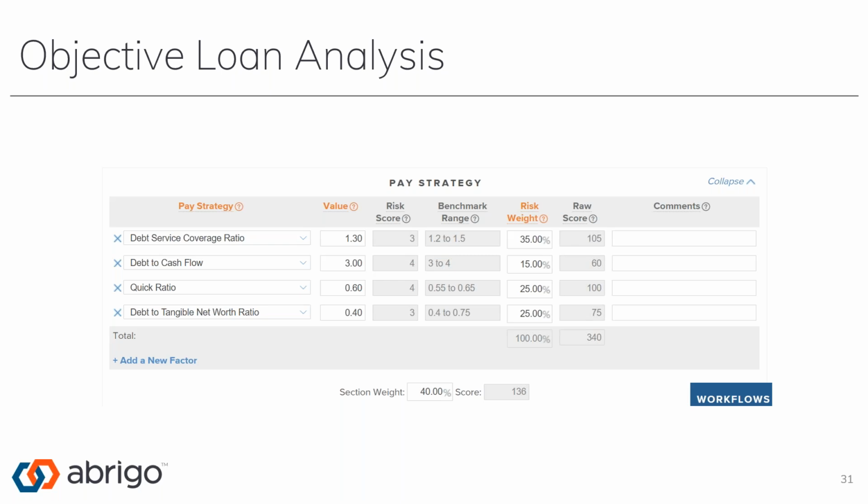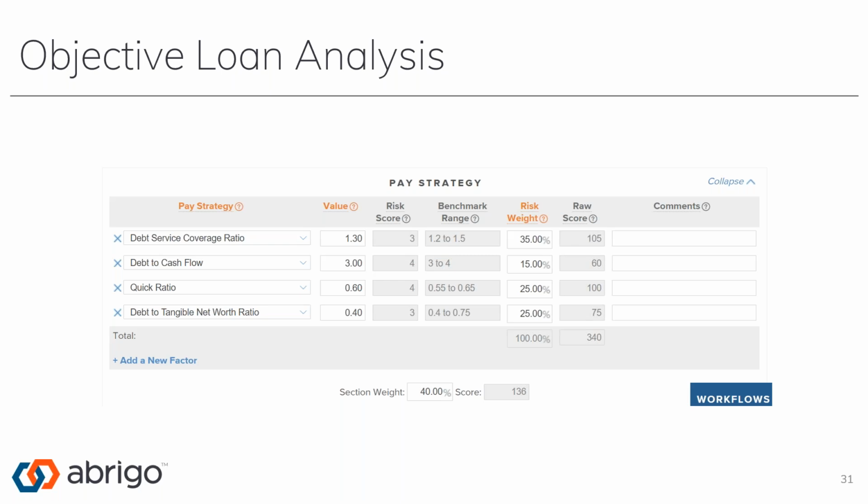A lot of times I see debt service coverage ratio by itself being 40% of an actual objective loan grade. But here you can see you assign it. You'll see this benchmark range. And like I said, most of you folks out there are going to have something very similar, where if the value based on the financials is 1.3, it falls in this range.